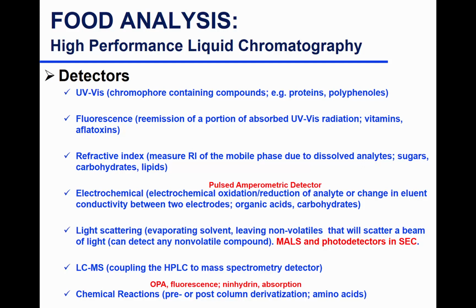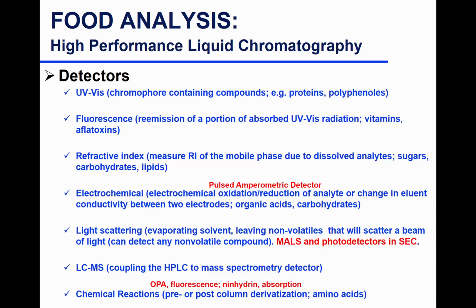Another detector that is very common in carbohydrate analysis, it can also be used for lipids, is the refractive index detector. It measures the refractive index of the mobile phase, and when a solute is leaving the column and gets to the detector, the refractive index changes. So the change in the refractive index is directly correlated to the concentration.